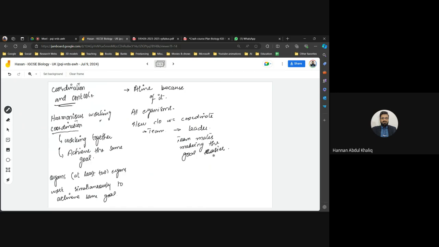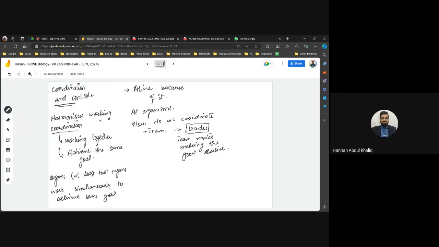The team leader tells the other workers what everyone should do, which is one of the basic demands of coordination: if you want to achieve a goal, you need a lot of particularity in the distribution of work. That is why the team leader is really important.